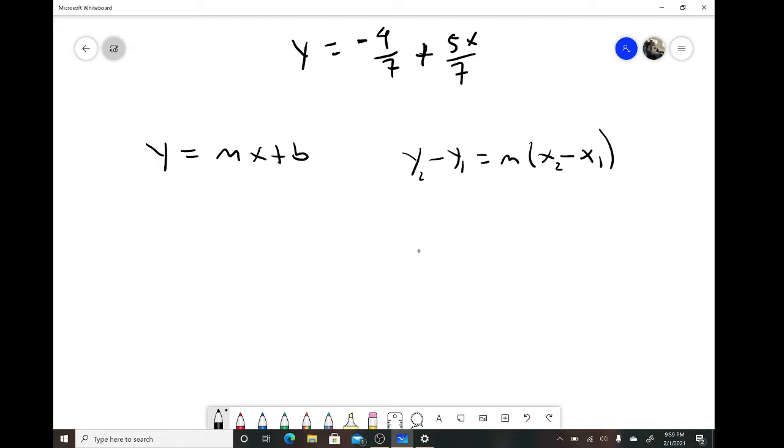I really like this formula, and you'll see why when we get to the equation of tangent lines. So we will be focusing on getting good at using this formula. This is good, it gets the work done, but sometimes it is just better to have your line in this form. So that's what we're going to be using for the majority of the semester. Let's recall that a parallel line will have the same slope as this line above here. And the slope of that line is 5 over 7.